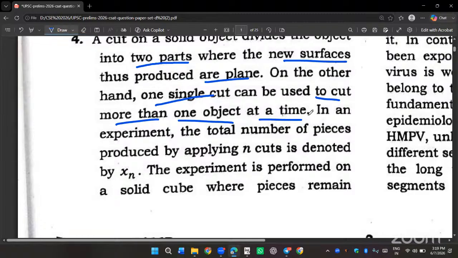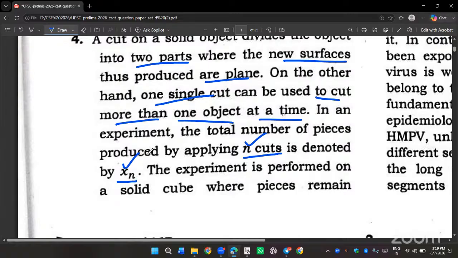Then next statement. In an experiment, a total number of pieces produced by applying n cuts. We are going to cut n times. N cuts. It is denoted by Xn. So here I am going to cut n times. That is the keyword. But at the same time, how many pieces will be produced?